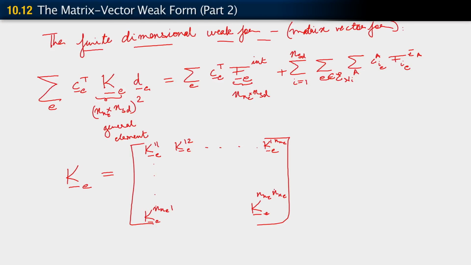For a trilinear element, we would have 8 by 8 blocks: 8 blocks along the column direction and 8 blocks along the row direction. Each of these is 3 by 3, actually NSD times NSD.